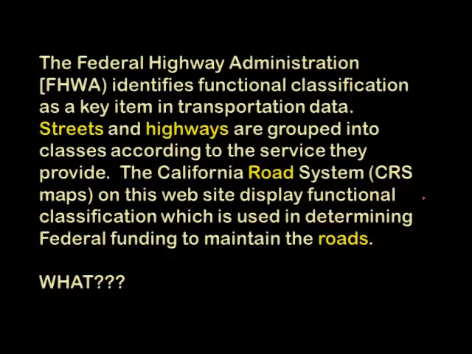Then they say the California road system is displayed for functional classification to maintain the funding of these roads. Now, are we talking about highways or streets or roads here? The author that put this website paragraph together is using all of those terms interchangeably.